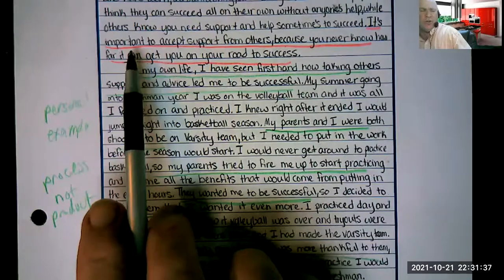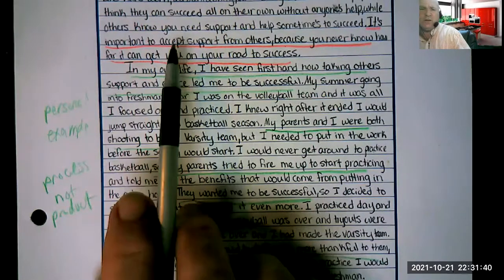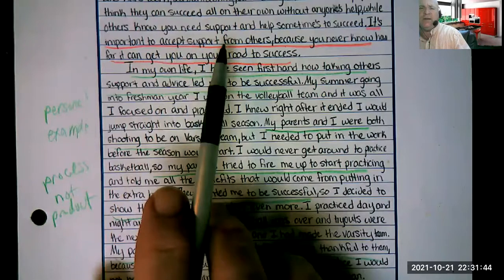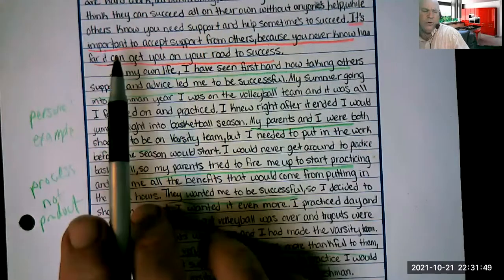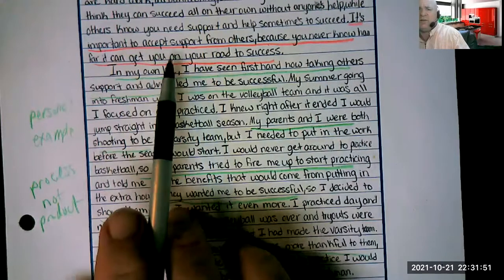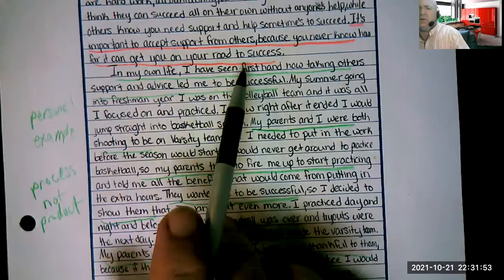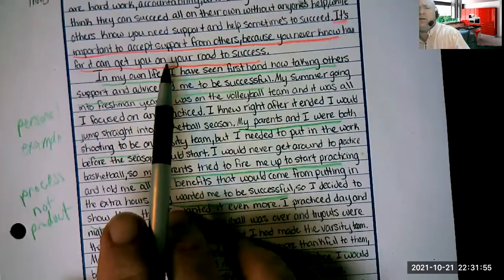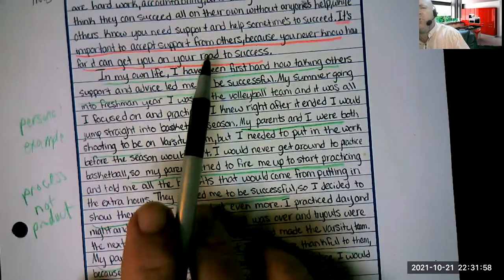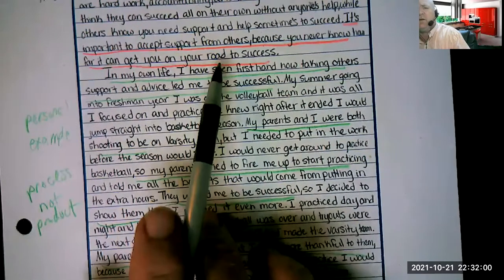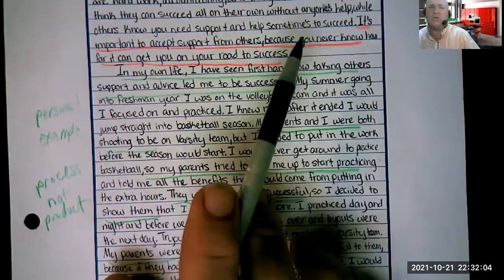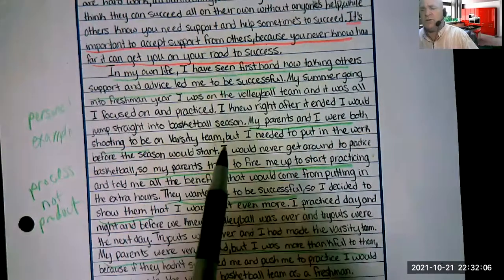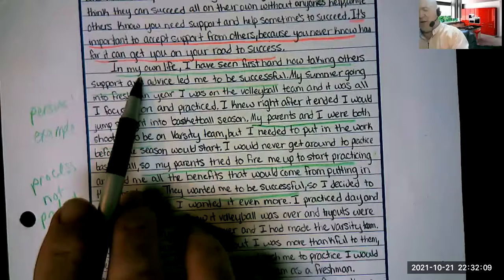So they changed receiving to accept from others, because you never know, that part was what they added, how far it can get you. They added that part on the road. Instead of achieving success, they use an idiom or a metaphor, a road to success. Okay, so you never know. So the transition to the body is not my first reason, it's in my own life.